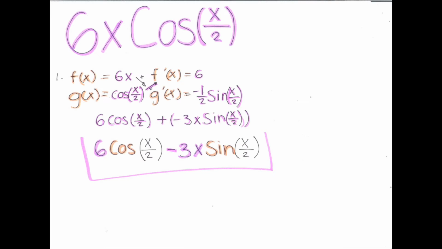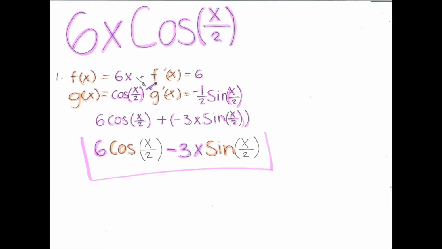Now let's do the cosine function, that is 6x cosine of x divided by 2. Remember that when we have x times x, we need to do product rule. So first let's put f of x, that is 6x, and then we'll find the derivative f prime of x, that is 6, because the exponent is 1 times 6, and then we subtract 1 from the exponent, so it will stay only with 6.